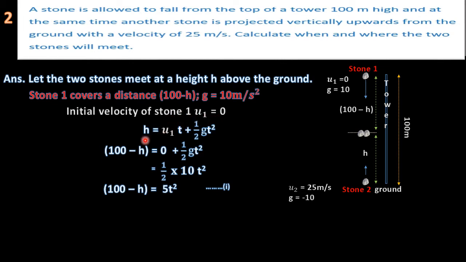Now let us substitute the distance covered by stone 1 during free fall, which is 100 minus h, in place of h. So 100 minus h is equal to u1, which is 0, plus half gt square. Since u1 is 0, that term goes, so half into g value 10, finally we get our equation as 100 minus h is equal to 5t square. So this is our equation 1.